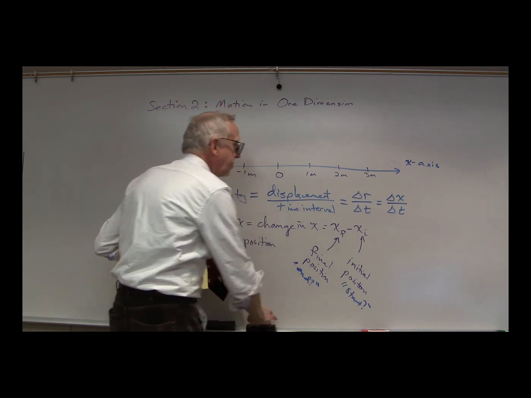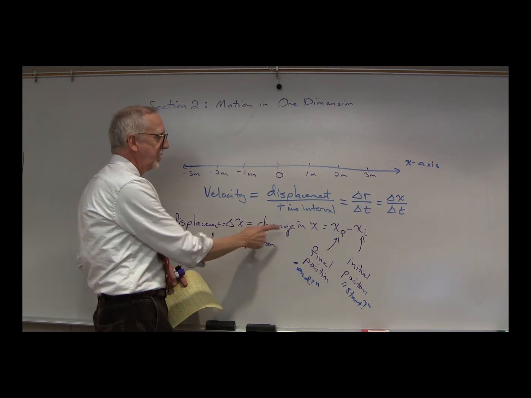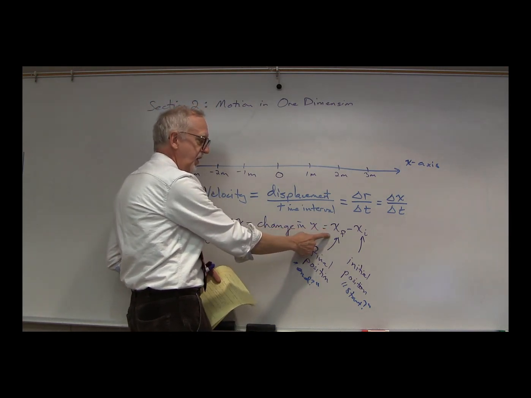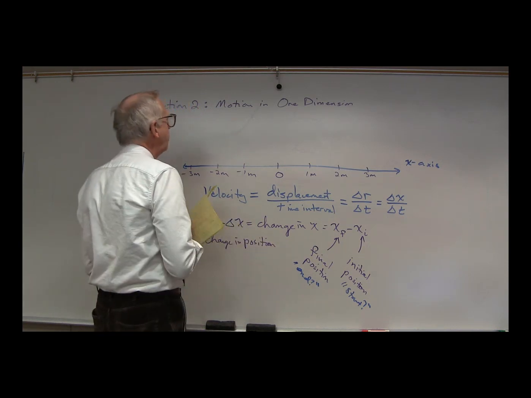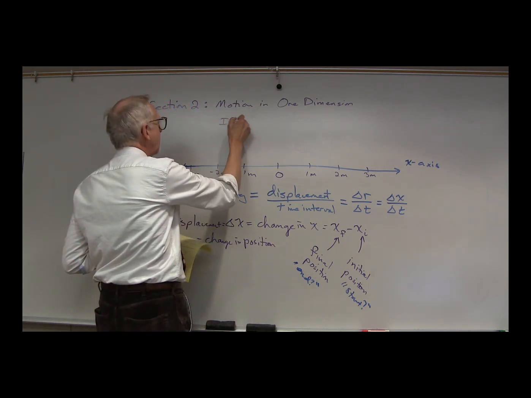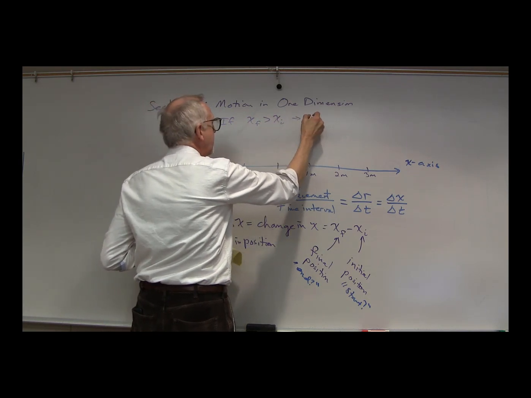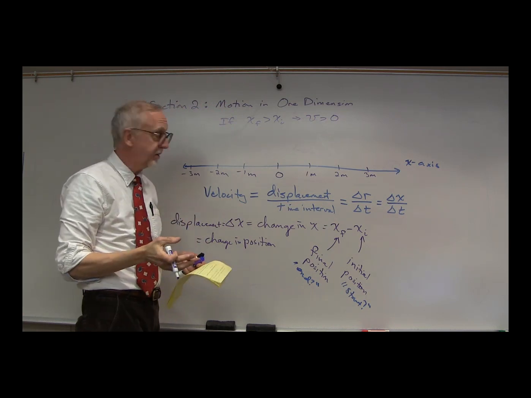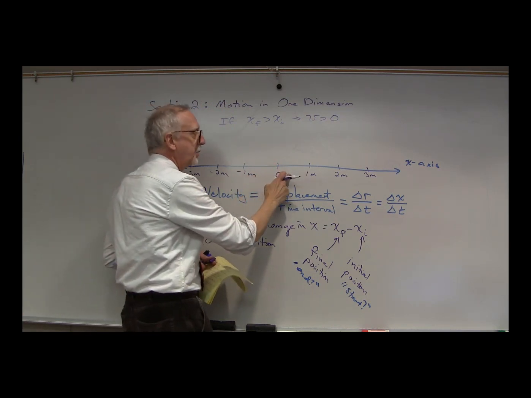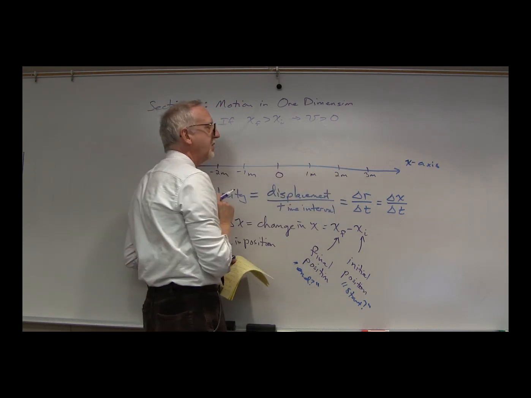Now, notice that if our change in position is positive, in other words, if xf is greater than xi, then the velocity will be greater than 0. It will be positive. So if our final position is to the right of the initial position, we have a positive velocity.